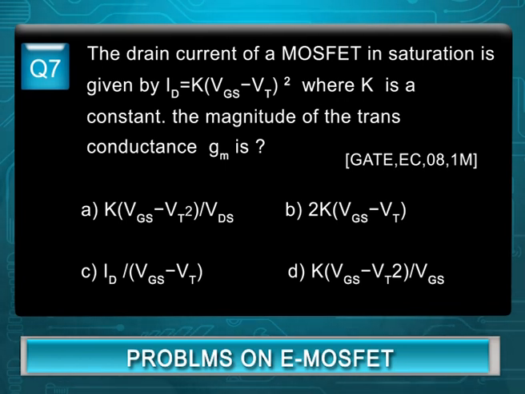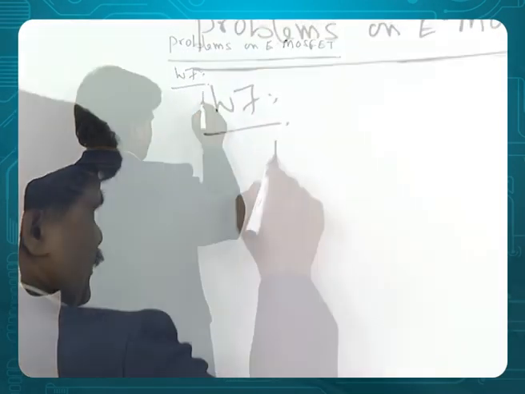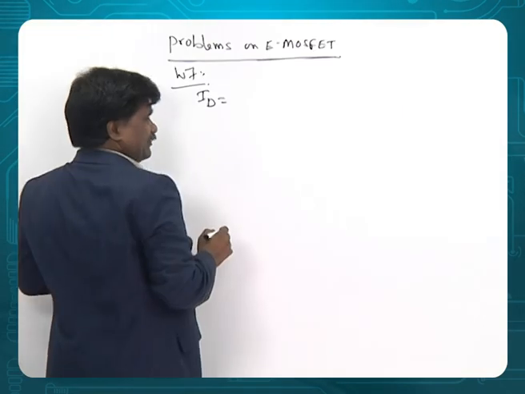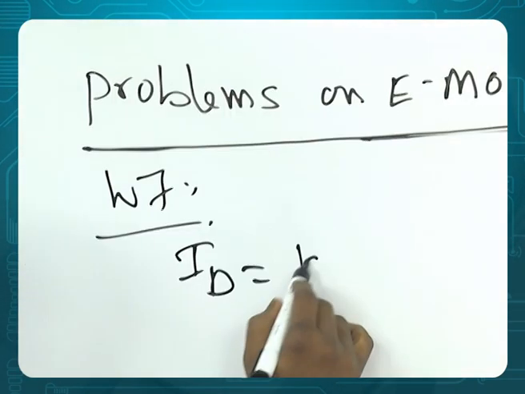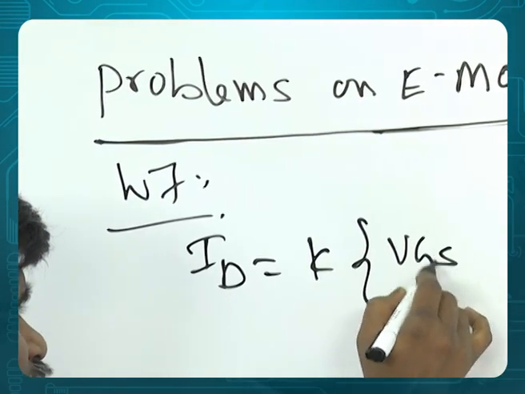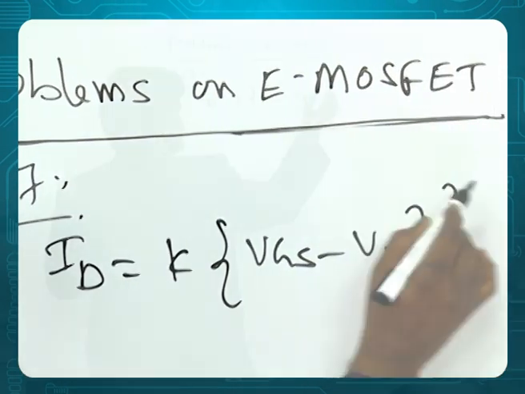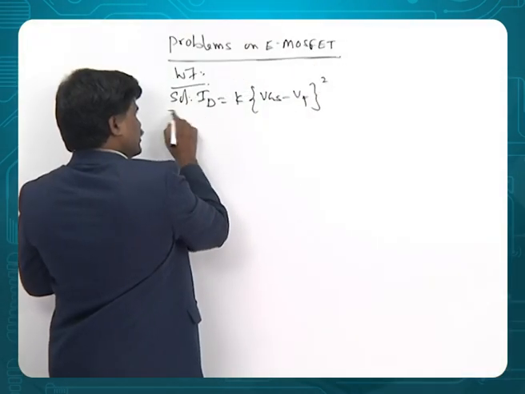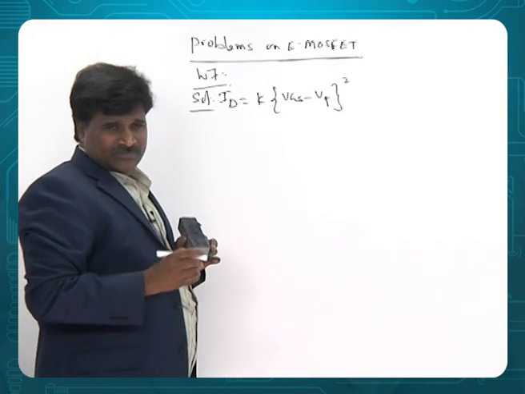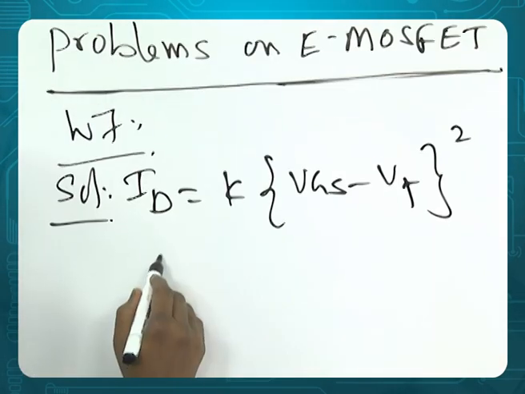GATE EC 2008. Now let me talk about the solution. ID = K (VGS − VT)². What is transconductance?